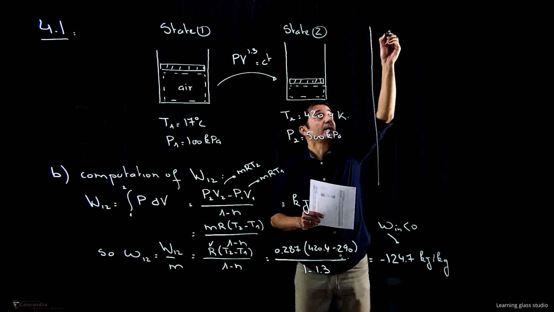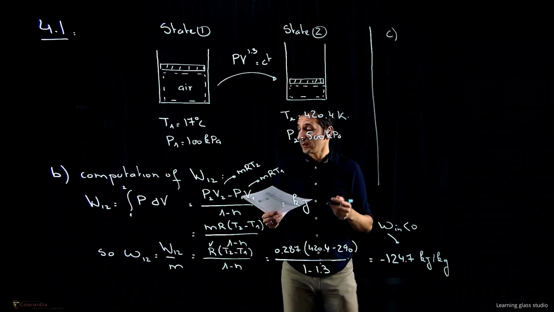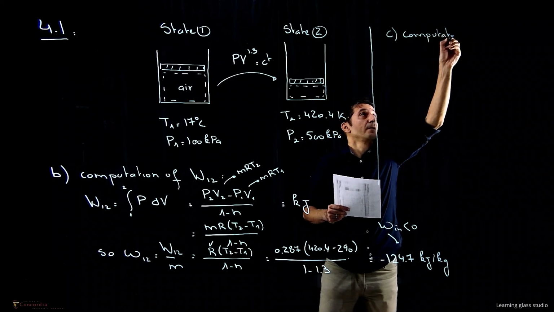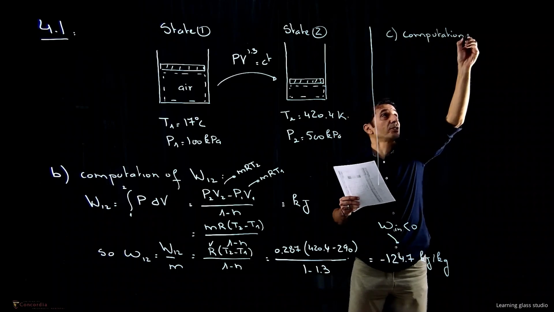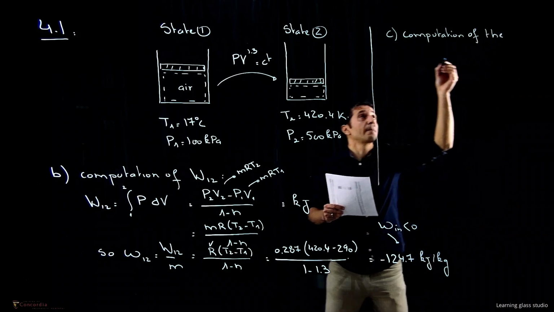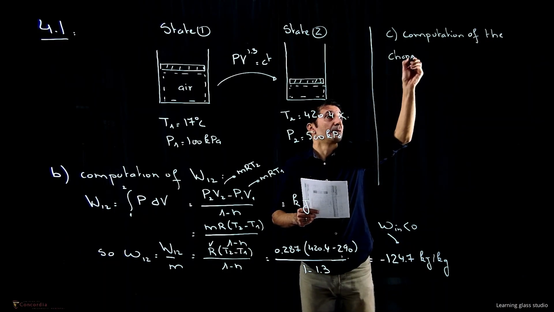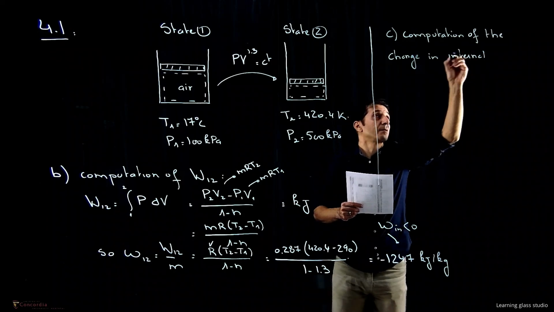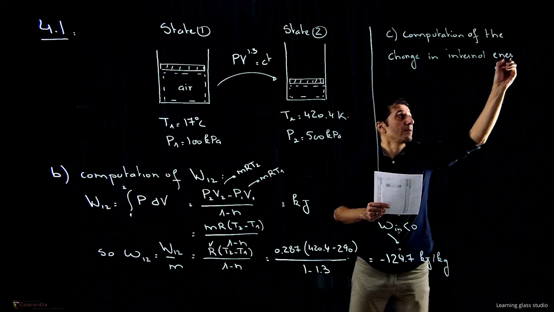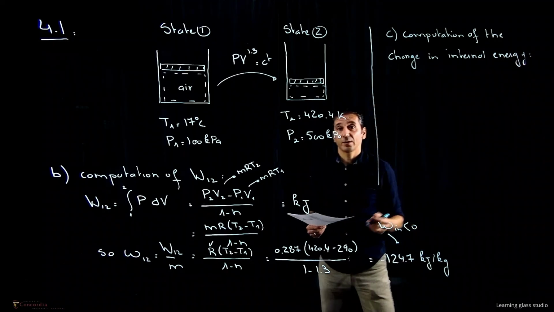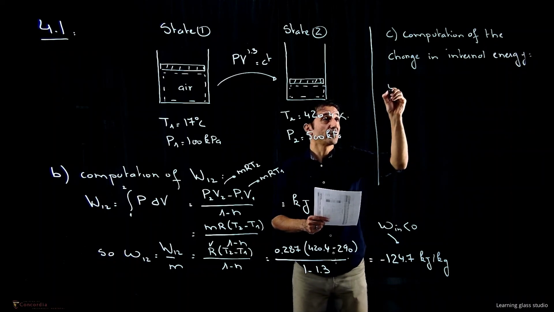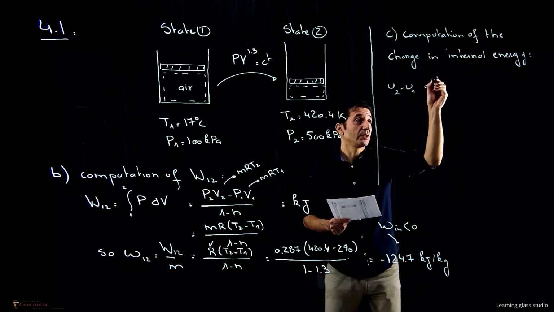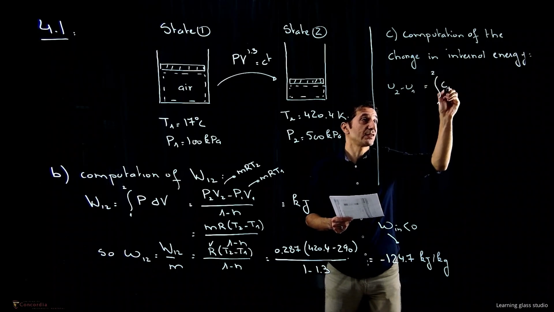This is C. And we're asked to calculate the change in internal energy. So, computation of the change in internal energy. Here we have to calculate U2 minus U1, or our delta U. And we know that this is equal to the integral from 1 to 2 of CV dT.